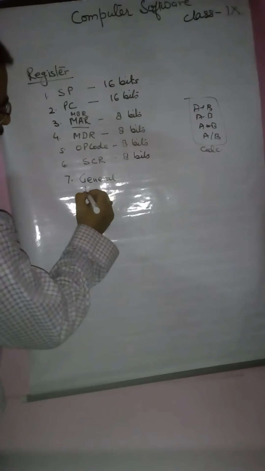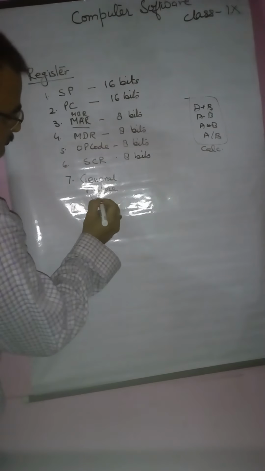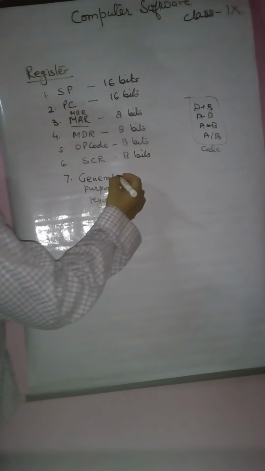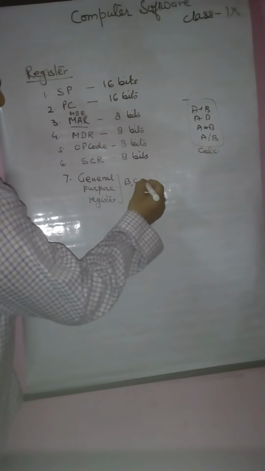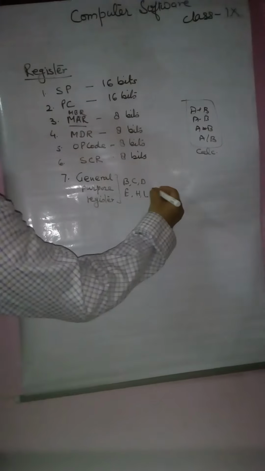Next is general purpose register. These are 6 registers known as B, C, D, E, H, L. These are 6 general purpose registers, which are of 8 bits.